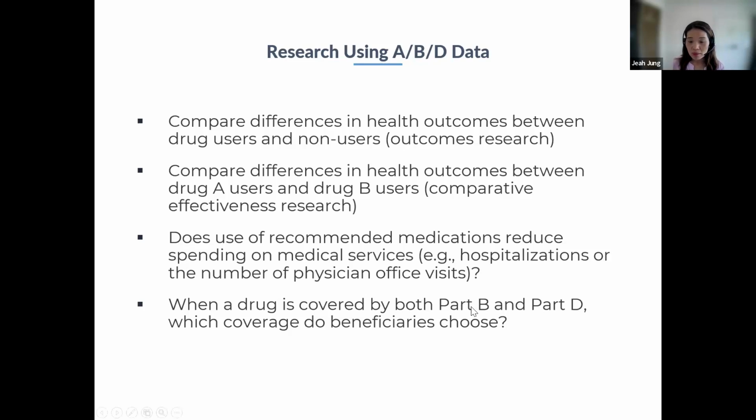Which means that some drugs are available as intravenous injectables given by providers, but the same drug can be used as a subcutaneous form, which the patient can self-administer from home by picking up drugs from a pharmacy. So for those cases, which coverage do patients use?